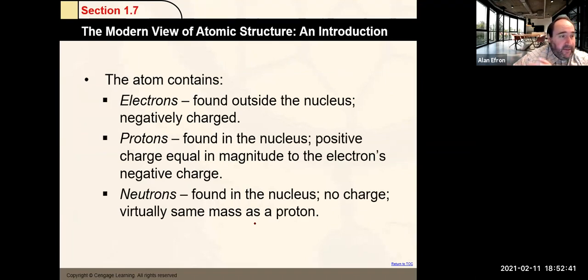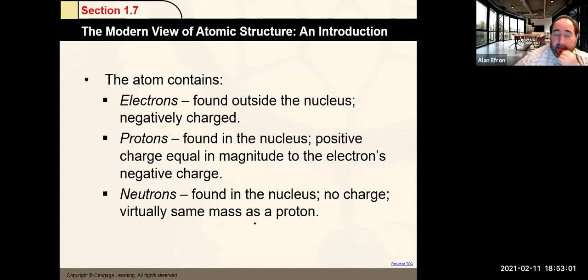Obviously, you also need to know the charges that we talked about, electrons being negatively charged, found outside of the nucleus, flying around in a random behavior, protons found inside the nucleus, positively charged, and neutrons also found inside the nucleus, and then they have, again, no charge.